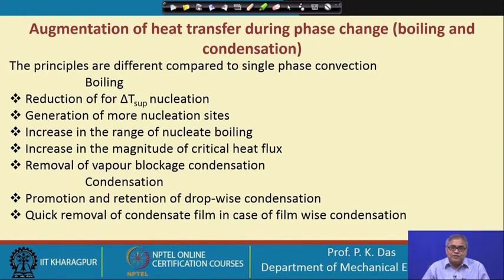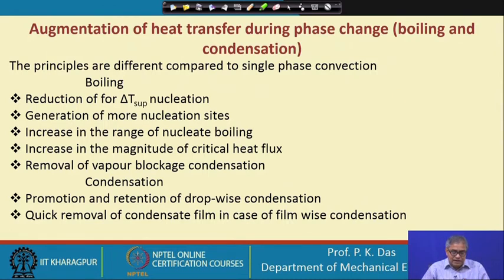So, our surface design should be such that this superheat is reduced. That means we are reducing the effective temperature difference between the surface and the fluid. We also need generation of more nucleation sites, for more evaporation or vapor formation. So, from many more places there should be formation of vapor.